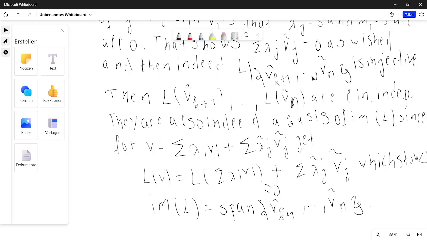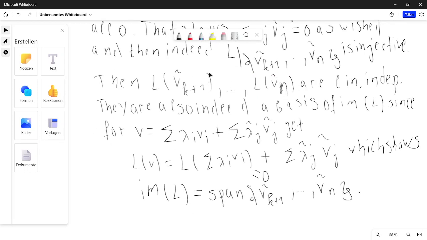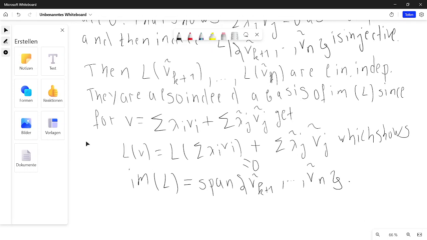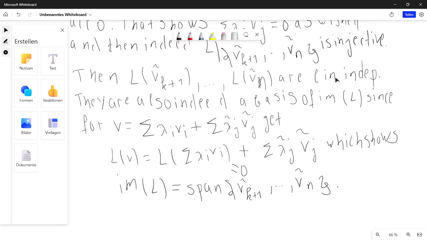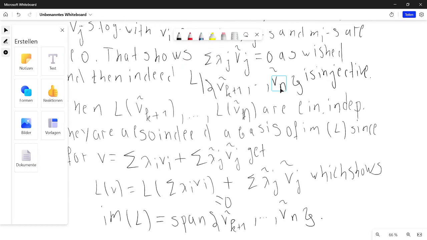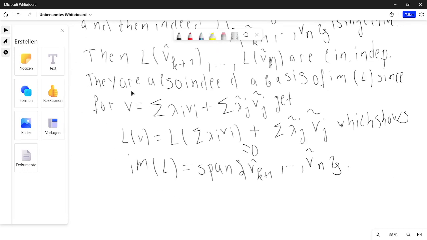It does not matter that we obtained the images that way. They are just elements of W.